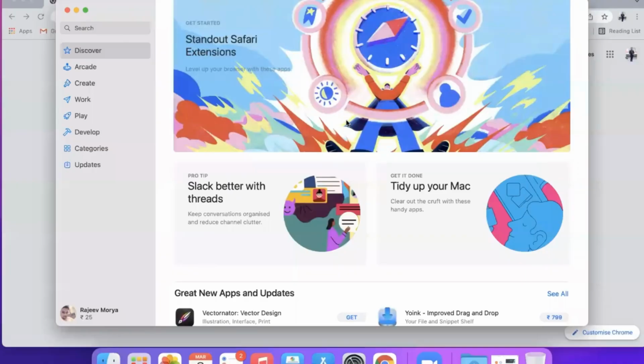On the next slide, I will discuss how Flutter is set up on the MacBook.